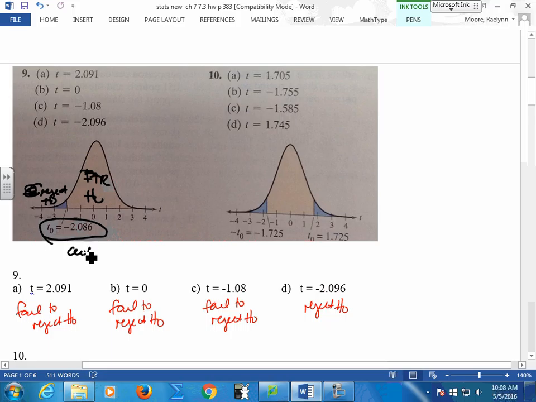This is the cutoff. If my t-score is positive, I'm in the open, in the fail to reject H0. If my t-score is at 0, I'm in the open. My t-score is at negative 1.08, somewhere right over here, I'm still in the open. If my t-score is to the left of this number, which it is, then I'm in the reject H0.